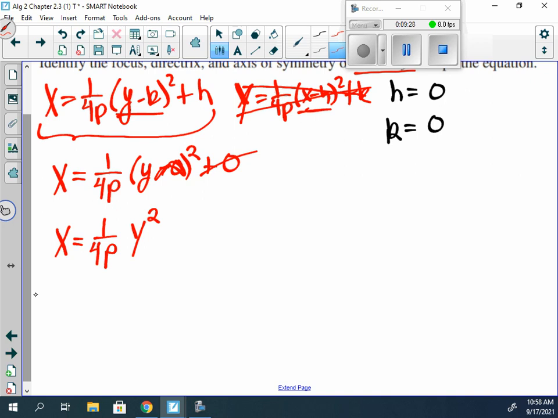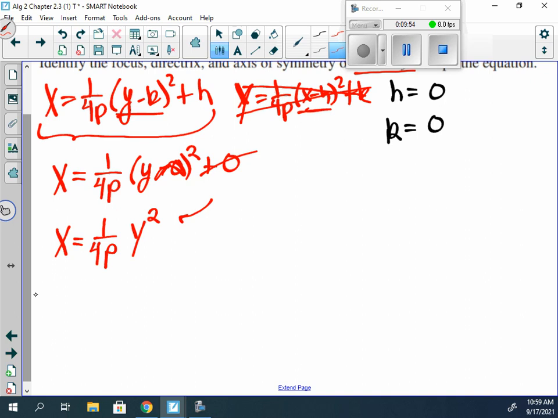And this is part of the reason why I'm trying this out this year. I want to see if this works better. Because this whole equation, x equals 1 over 4p times y minus k squared plus h, is the equation. But it works out that this here is the equation when the vertex is 0, 0. So really, we're just plugging in 0, 0, and that's our equation.